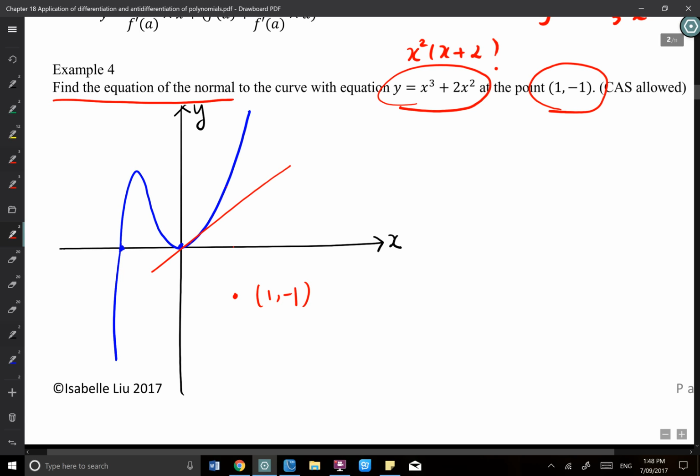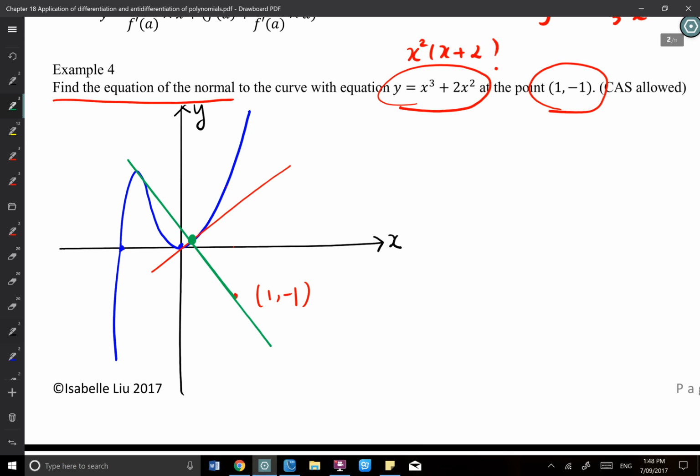Oh, okay, this one is good. Roughly here, at this point. Can you see I draw the red one is the tangent. And then I connect the contact point, and this negative one is just perpendicular to that. Approximately.